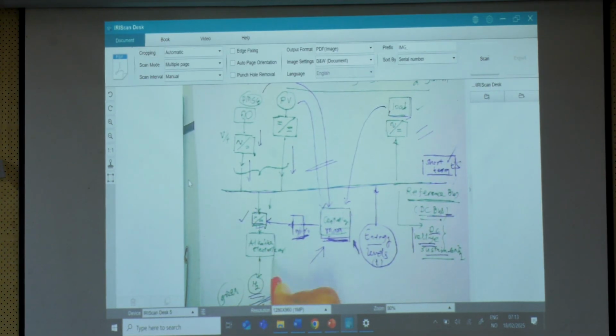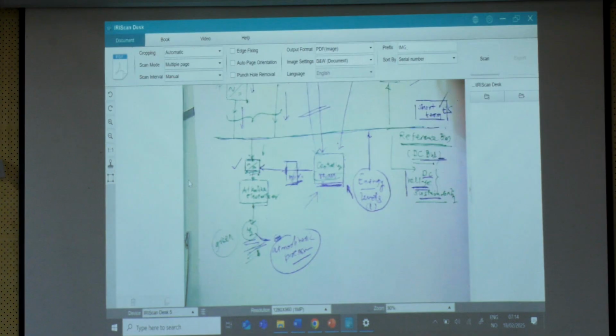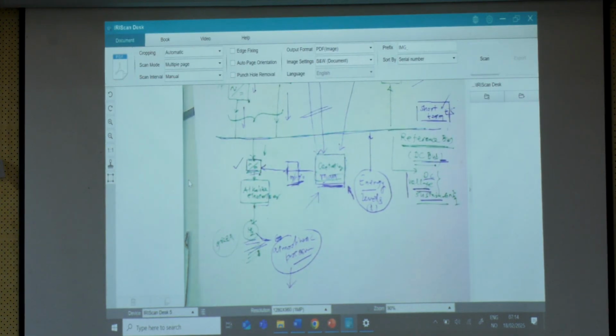Depending on its parameters and operational characteristics, the hydrogen which will be produced here may be at atmospheric pressure. This atmospheric pressure hydrogen is not good for storing. So, we may need to put in a compressor.